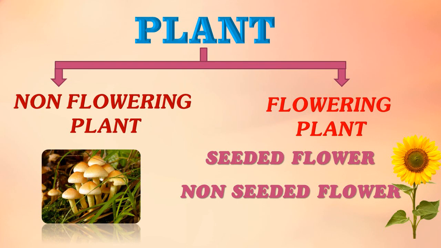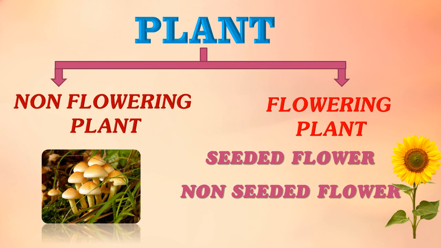According to their structure and body parts, a plant may be divided into two types, that is non-flowering plant and flowering plant. So what is a non-flowering plant? Those plants which do not bear flowers are called non-flowering plants. Example, mushroom. Next is our flowering plant. So what is a flowering plant?